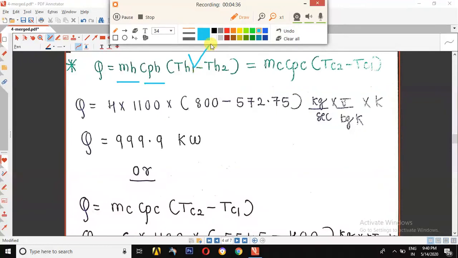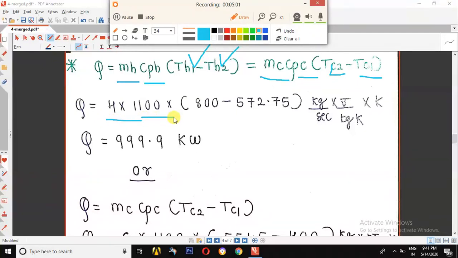Heat transfer rate equal to mass flow rate of hot fluid multiplied by specific heat of hot fluid, the inlet temperature of the hot fluid minus the outlet temperature of the hot fluid, equal to mass flow rate of the cold fluid multiplied by specific heat of cold fluid, the outlet temperature of the cold fluid minus the inlet temperature of the cold fluid. Mass flow rate of the hot fluid is 4 kg per second.